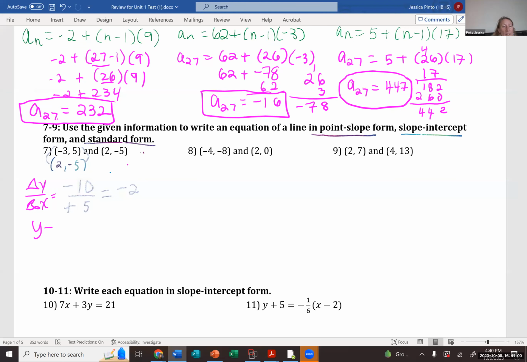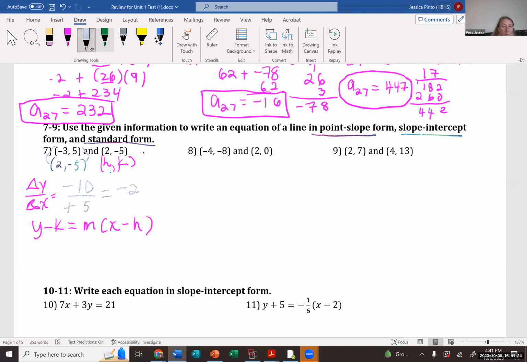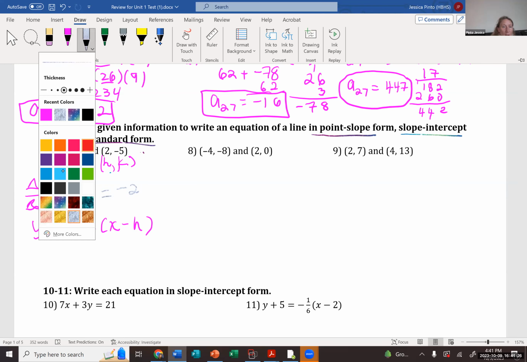That's y minus k is equal to m times x minus h as my point slope form. I'm gonna do blue. Okay, I'm going to identify one of these as h and k, and I'm just picking the second one.